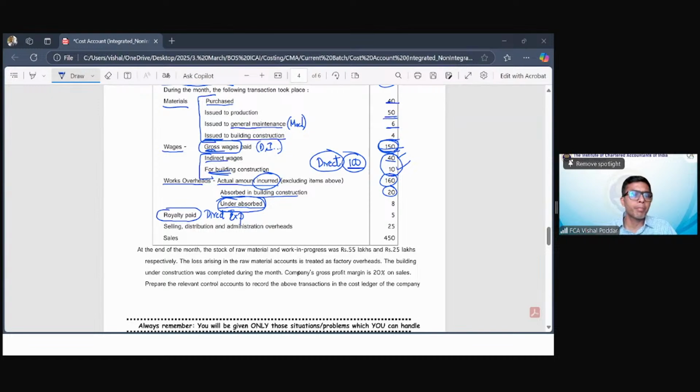But had I prepared a separate account, the entry for making payment of direct expense would have been direct expense account debit to CLC, which represents cash bank. But then again, this direct expense has to be charged somewhere. It is charged to my factory, so I would have charged this direct expense to the WIP account by this entry.